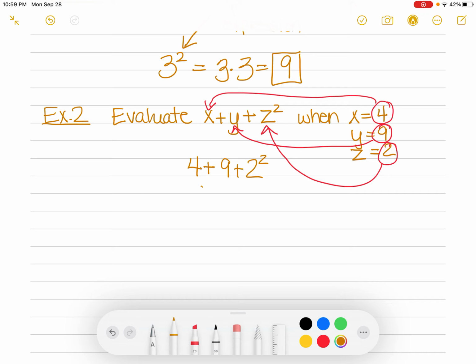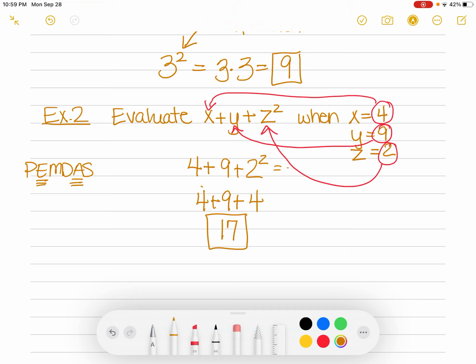And remember, order of operations is parentheses, exponents, multiply and divide, and then add and subtract. So we have exponents here, so we're going to do that one first. Our exponent is 2 squared, which equals 4. Now all my problem is adding, so I'm just going to add 4 plus 9 is 13, plus another 4 is 17.